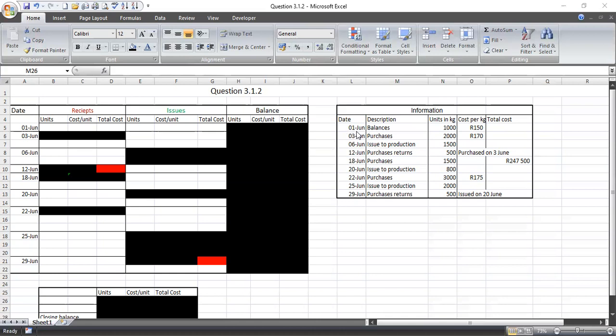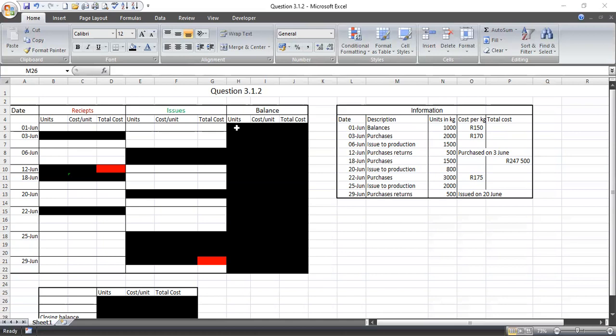So our first transaction takes place on the 1st of June, where we are told that we have a balance of 1,000 units in kgs at a cost of 150 per kg. So immediately the keyword here is balances. We know that this transaction should go under the balance column.